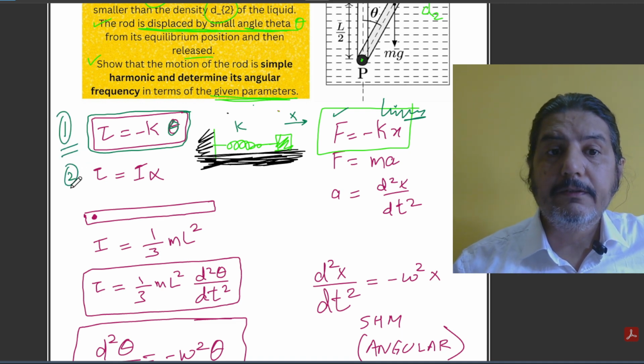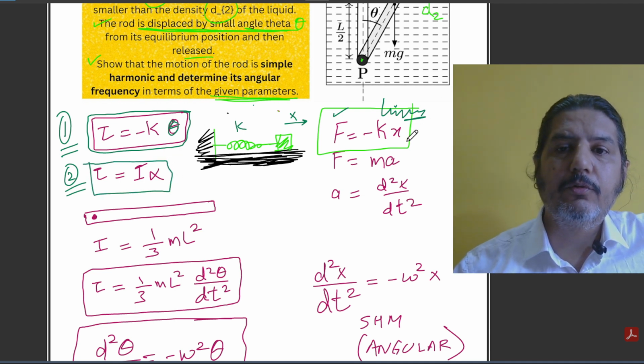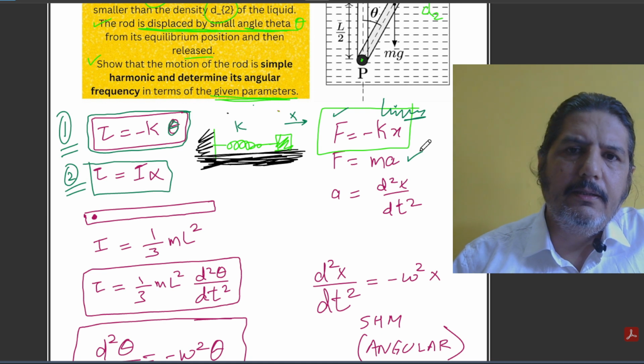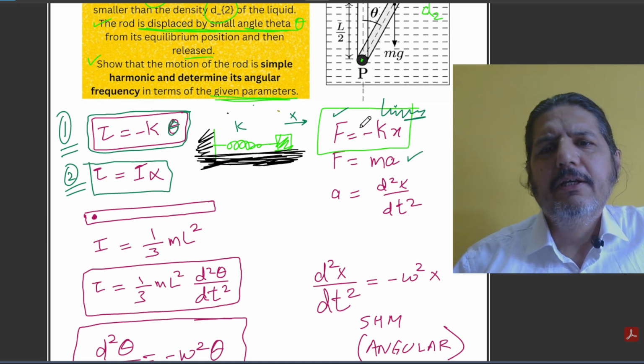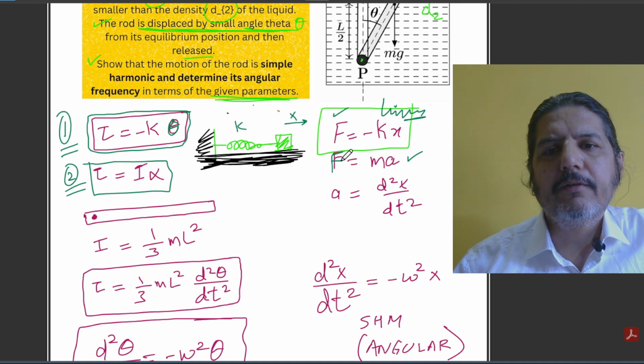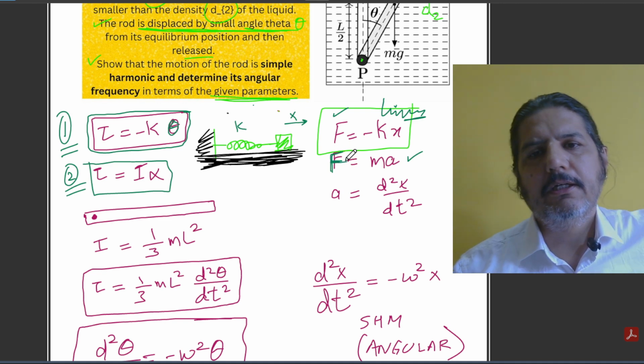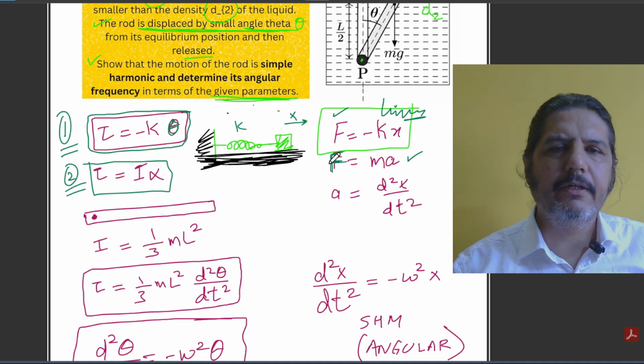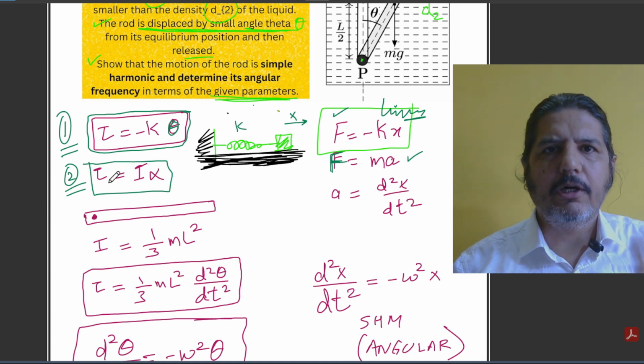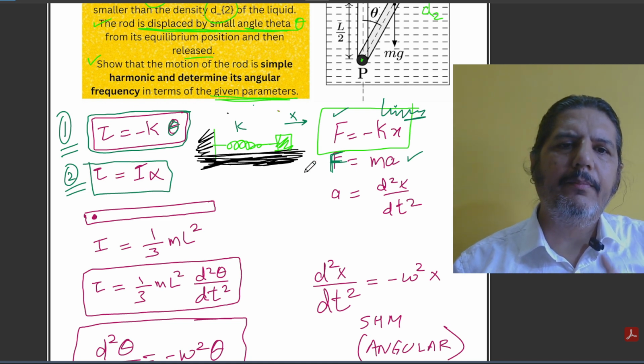The second formula that I want to discuss is that tau is also given as I alpha. Again, F is equal to ma is something that we learn in seventh or eighth. This is the linear form. The angular form is: the equivalent of F in angular motion is tau, torque, m is moment of inertia, and a is alpha.